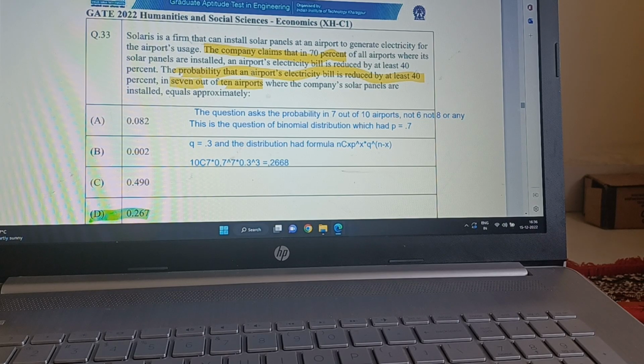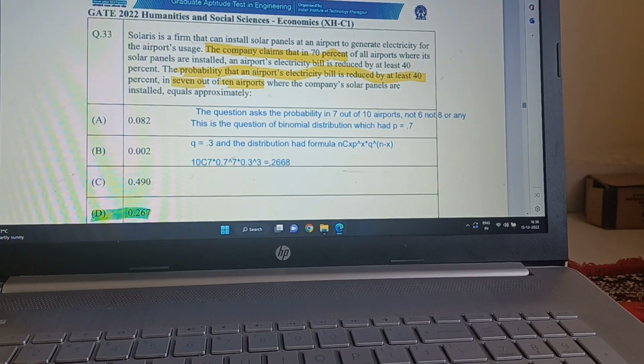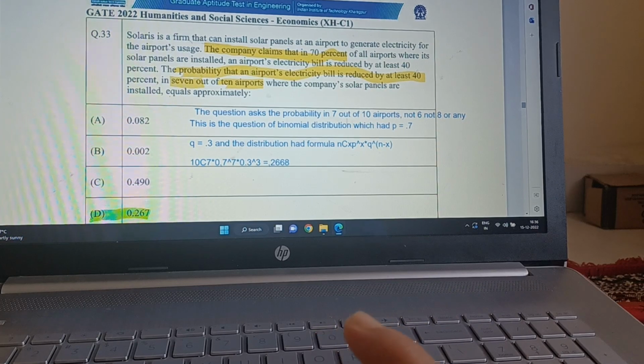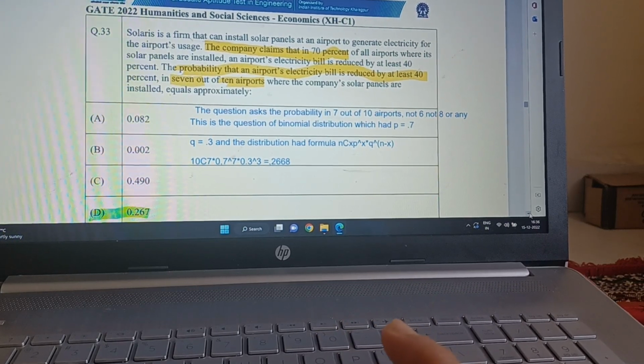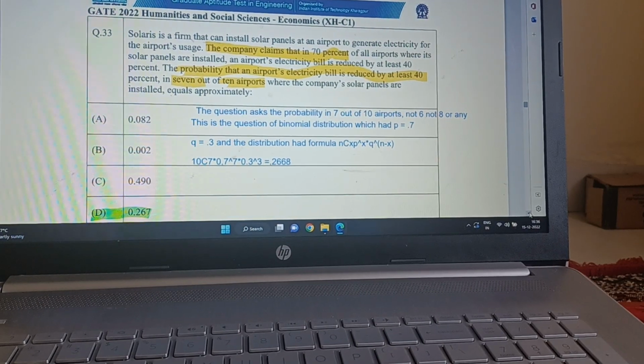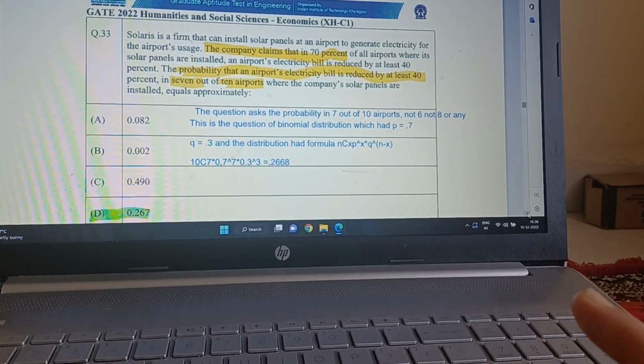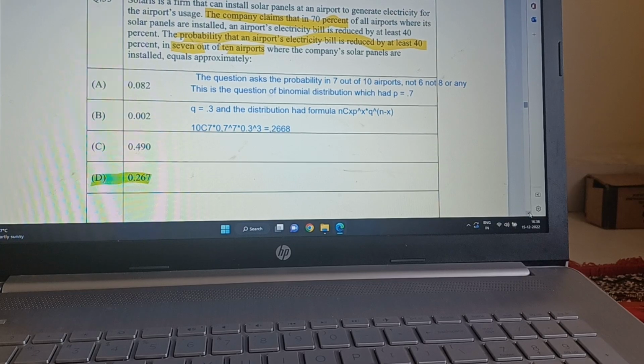So many people will multiply 7 times 7, and they will make a rough guess of 0.49. So don't do that in GATE exams. Some options are there only to fool you or to trap you, I would say, and then to make you err. And that's why they distinguish this percentile.